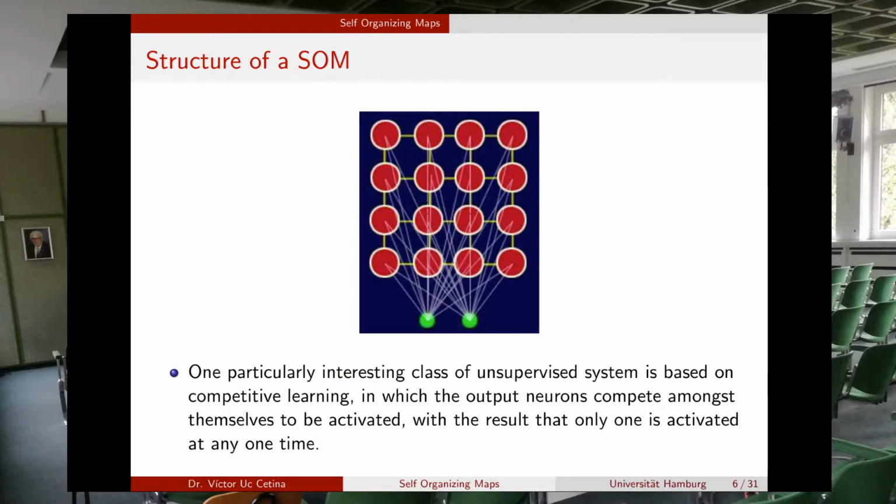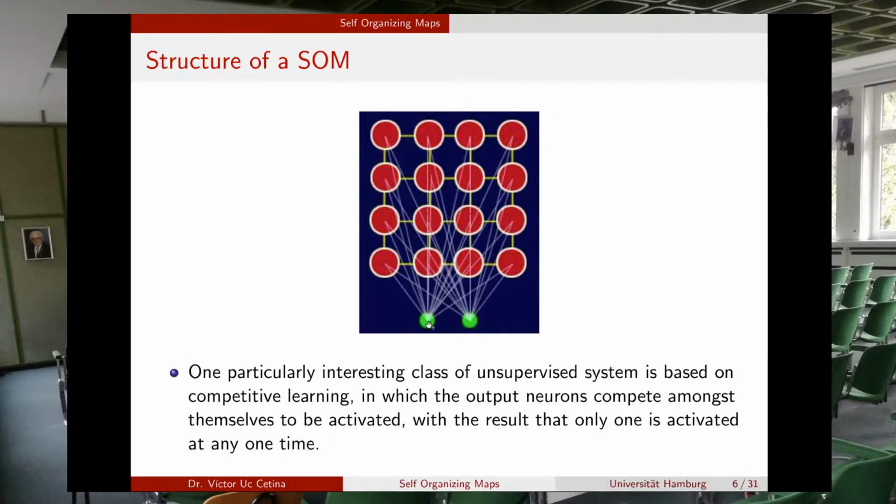So this neural network is regarded as a competitive learning neural network. The idea here is that the neurons, which in this diagram are these circles in red, will compete. The algorithm is going to check which neuron is most similar to a given input vector.